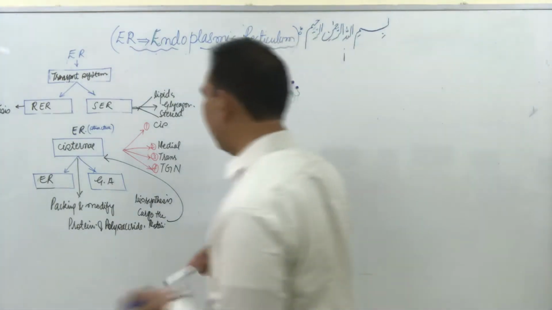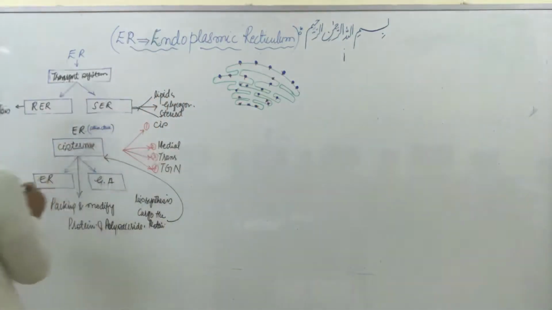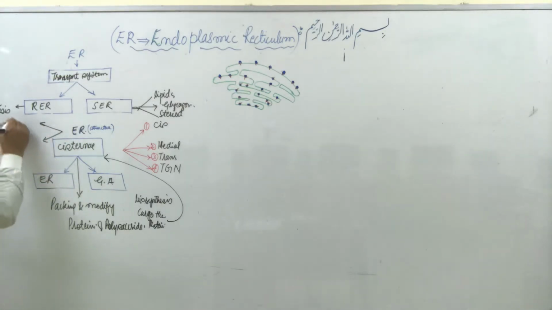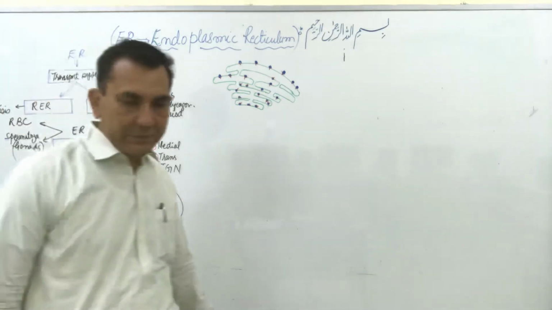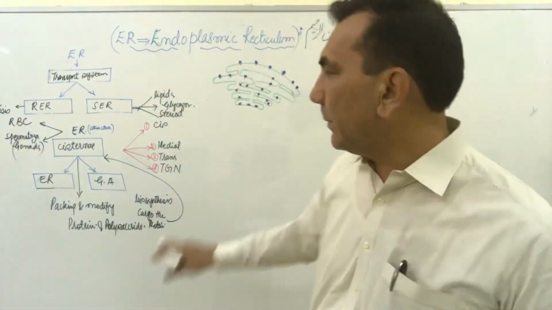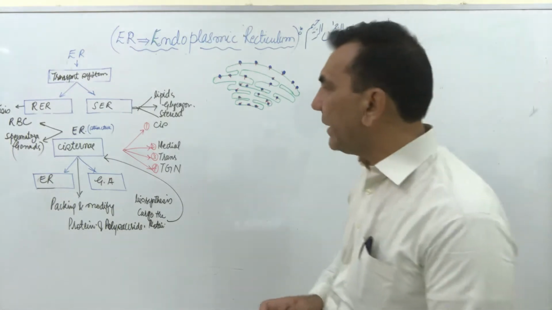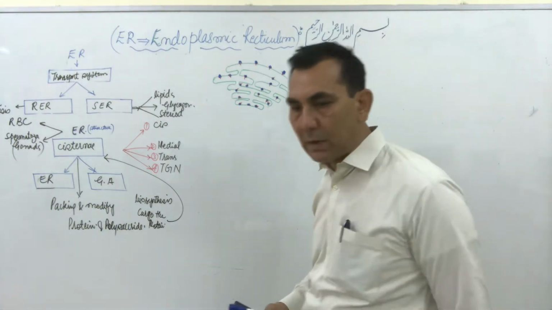And you know very well, this endoplasmic reticulum is mostly found in the RBCs, in the gonad cells, or in the spermatozoa.